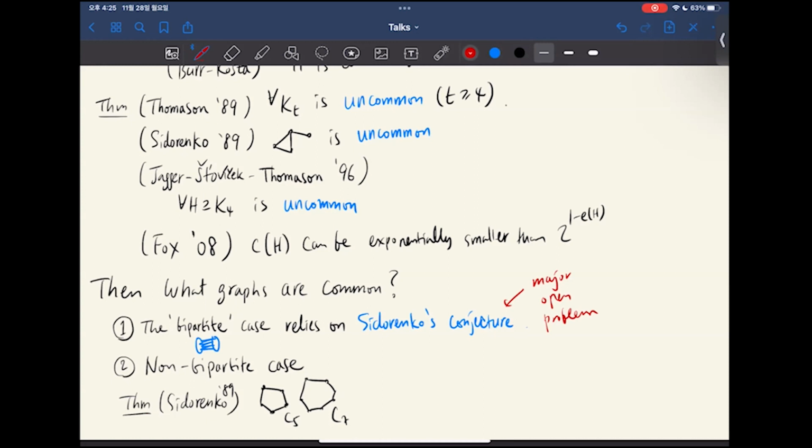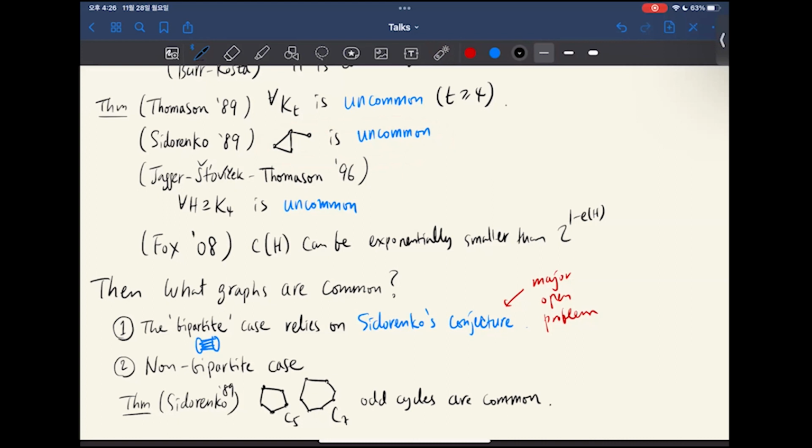So this is the bipartite case, and the non-bipartite case is kind of complicated to recall because there are various results. But one of the cornerstones among these is by Sidorenko, in the same paper where he disproved the Burr-Rosta conjecture, which states that any odd cycle is common.